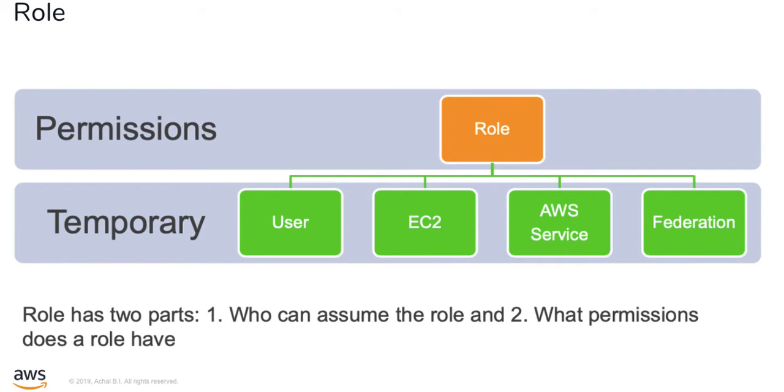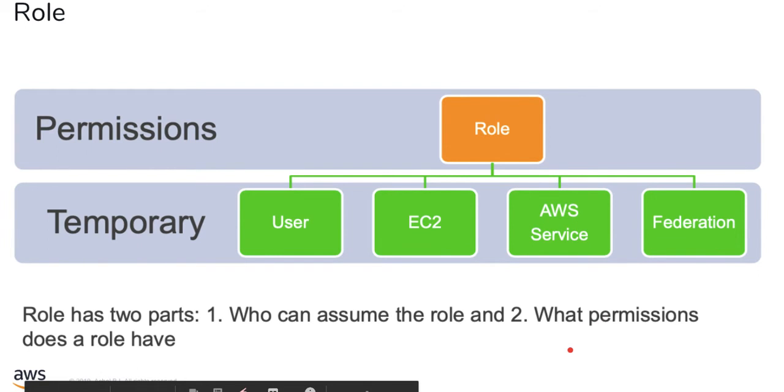So just a recap. We have got roles. These have a certain set of permissions, and these permissions are temporarily given to either users or EC2 instances, or they can be given to any AWS services as well, and also to federated users or any federation entity.